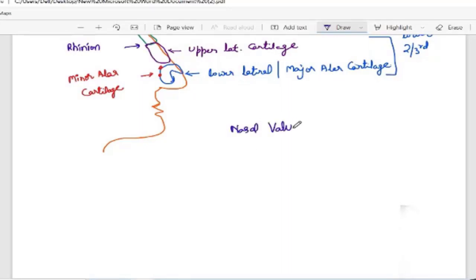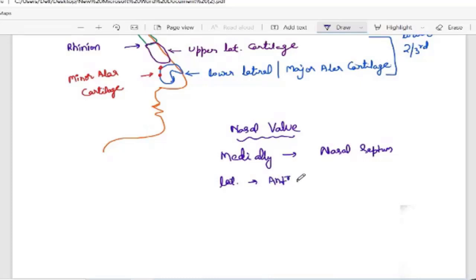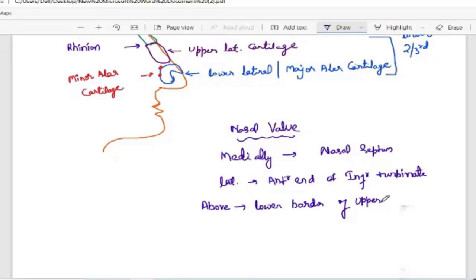One more thing is there: the nasal valve. What is the nasal valve? The nasal valve is an area which is formed medially by the nasal septum, laterally by the anterior end of the inferior turbinate, and above by the lower border of the upper lateral cartilage.